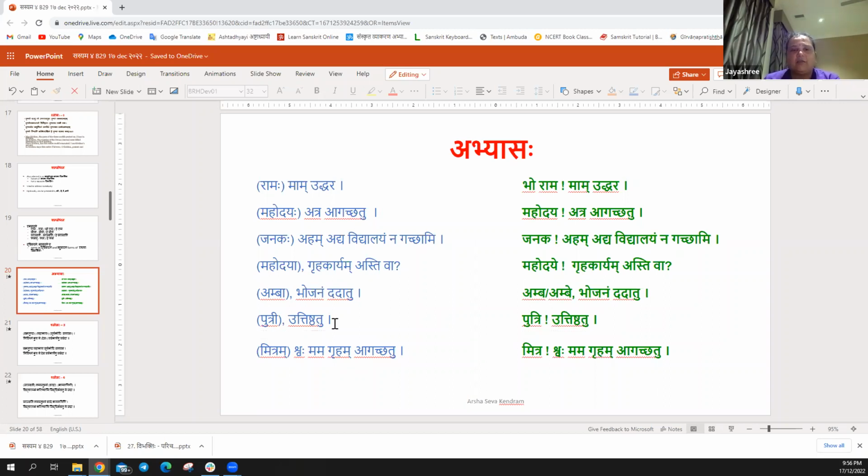While speaking, we need to give a bit of gap and then say it. That way of speaking is also a bit important in Sanskrit. So Putri uttishtatu. Again, uttishtatu is Lot lakara.